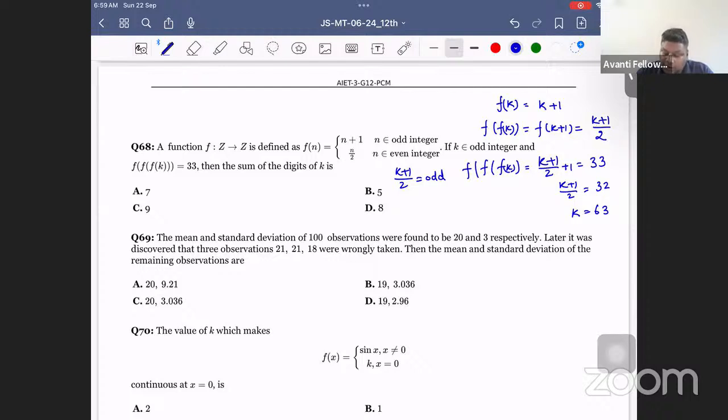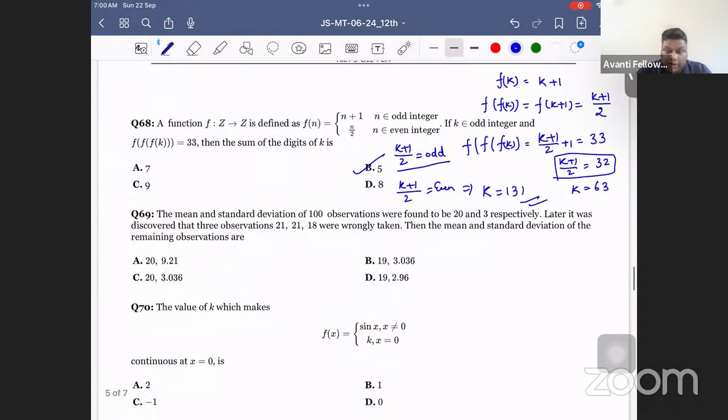Got it? And now k plus 1 by 2, you assumed it as odd and it came even. So this is rejected. Now, if k plus 1 by 2 is even, in that case, if you simplify, then you will get k as 131. That will be your correct answer. So the sum of digits will be 5. Got it?